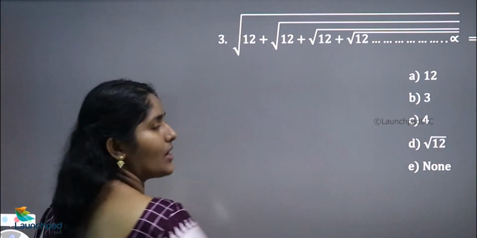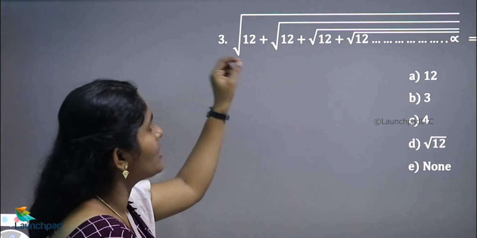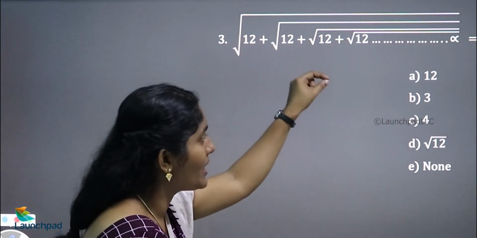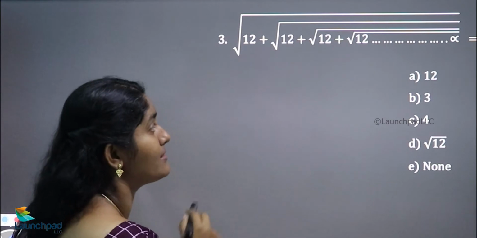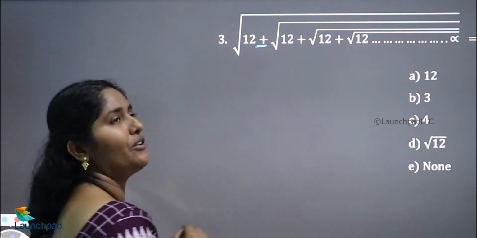Okay, your next question is square root of 12 plus square root of 12 plus square root of 12 plus square root of 12 plus infinity. Same numbers, but here we have the addition operation.